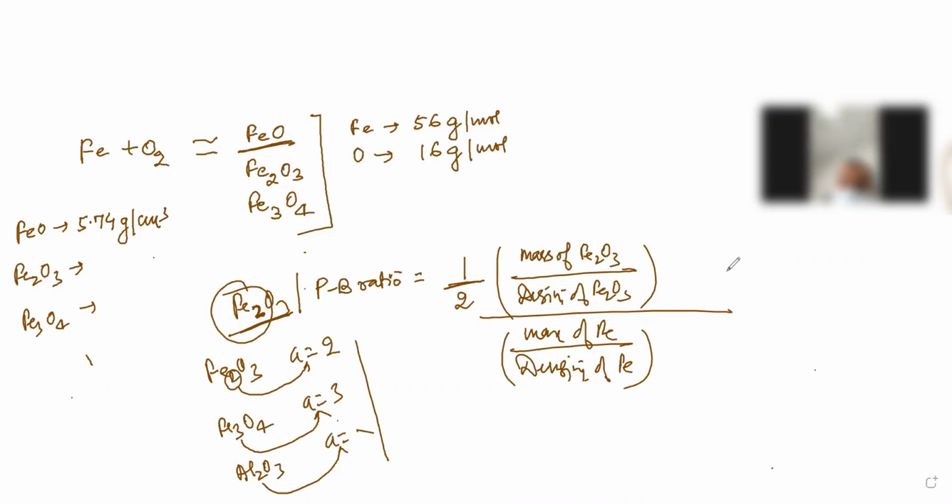Okay. So now do the calculation. Let me write all the things. What is the mass of Fe2O3? It will be like 56 into 2 plus 16 into 3, right?